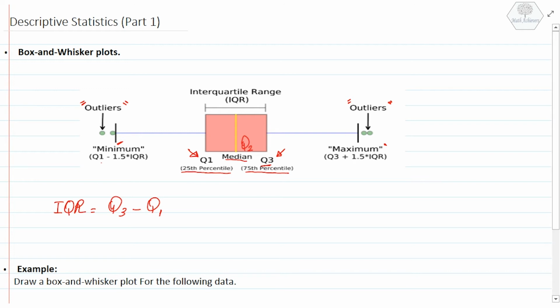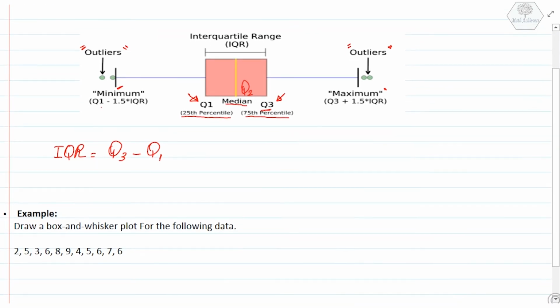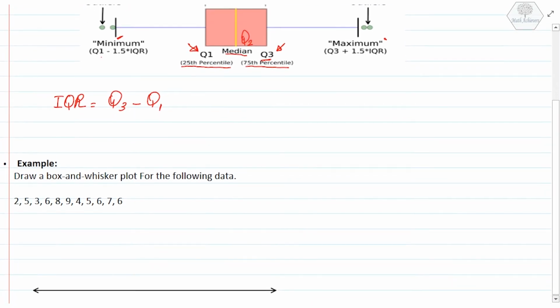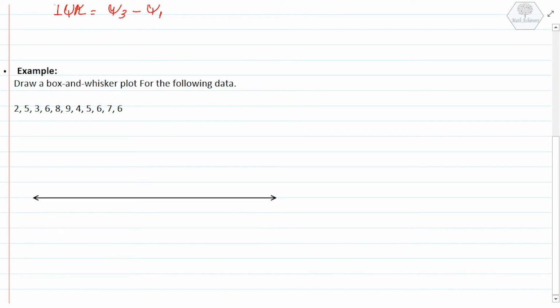Let's have an example now for us to draw a box and whisker plot for our data. For the box and whisker plot, we need to find out the quartiles first, Q1, Q2, Q3.